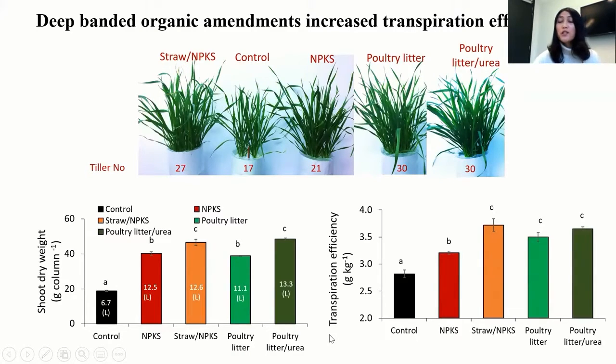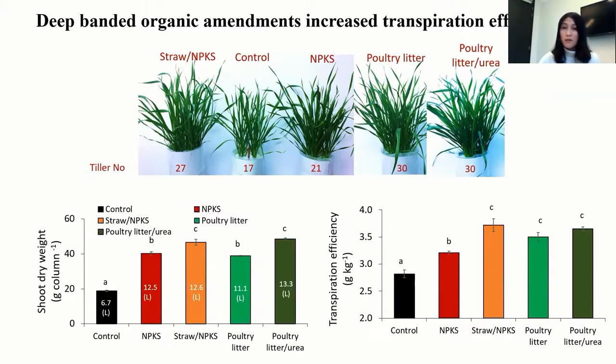But the final transpiration efficiency was consistently higher for all these three organic-based treatments than this inorganic fertilizer control. These results have been repeated for at least 3 experiments.